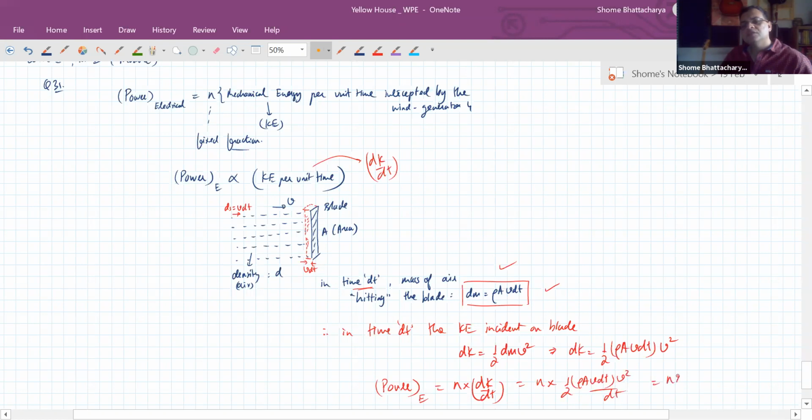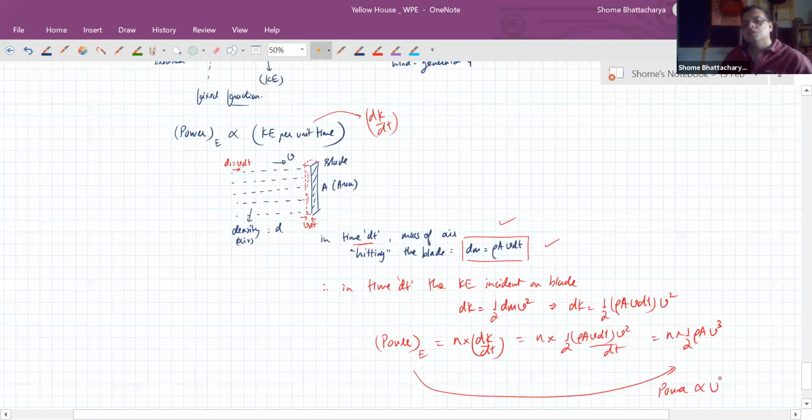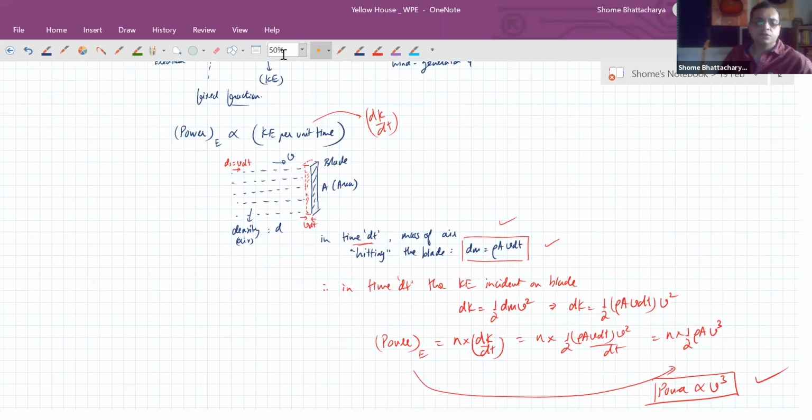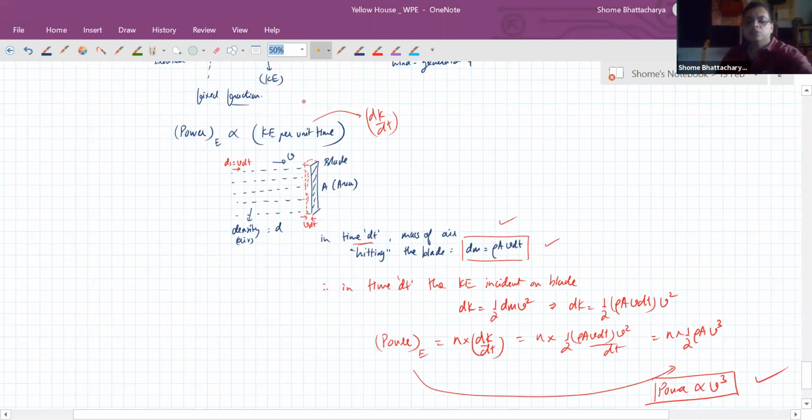So it is that fixed fraction into half rho A v cube. So you can see that the power output is proportional to the cubic term of velocity. Hence the answer should be that it's proportional to v cube. It's a very interesting and technical question. Hope this is clear to you.